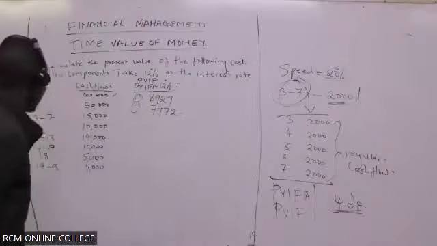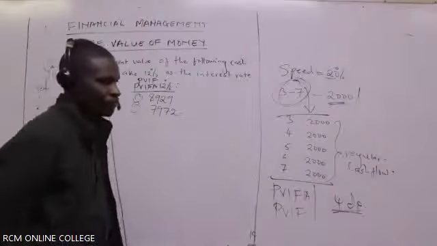Then we go to the next one, 3 to 7. Remember that is a range.